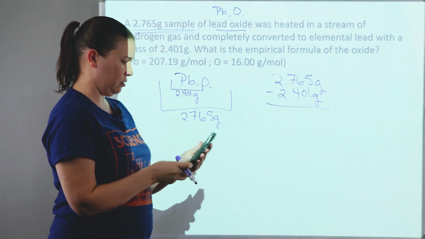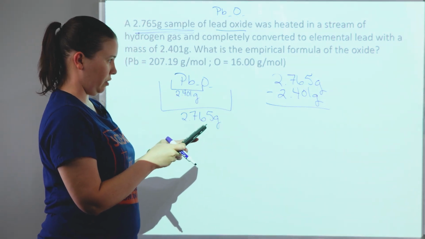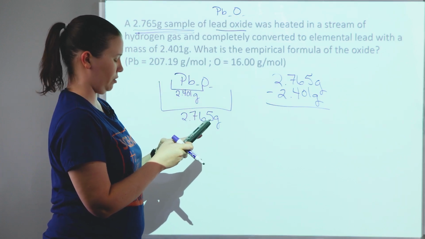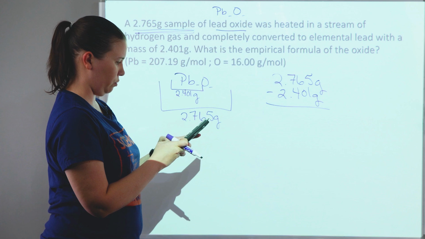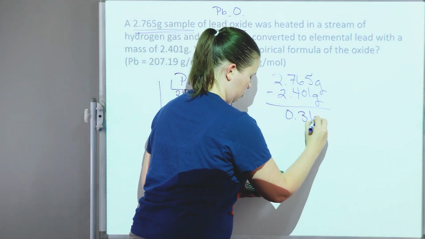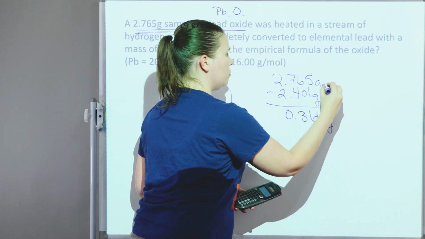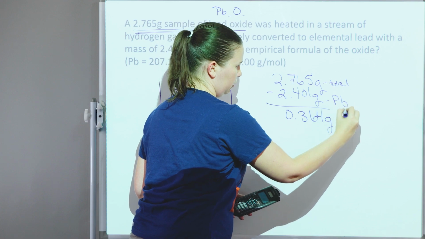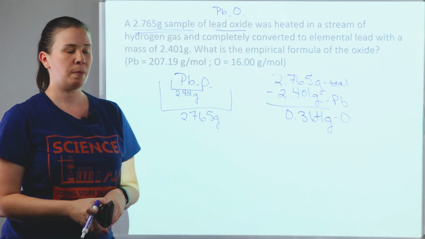That would be 2.765 minus 2.401, and we get a difference of 0.364 grams. So this was our total. We subtracted the lead, and we got the oxygen.